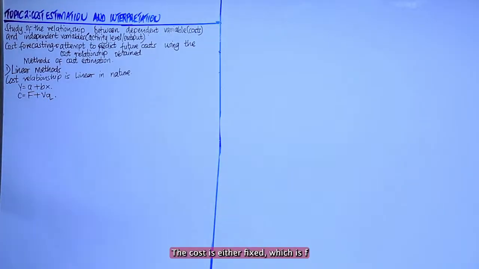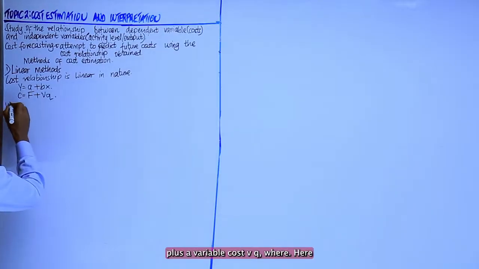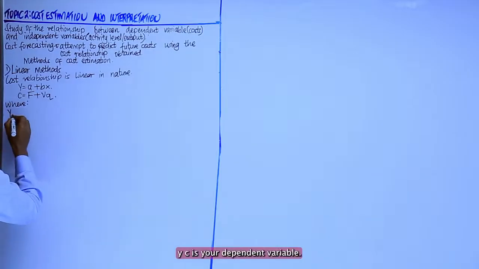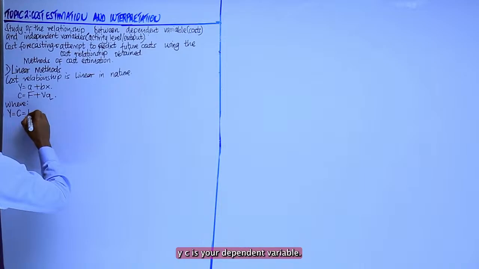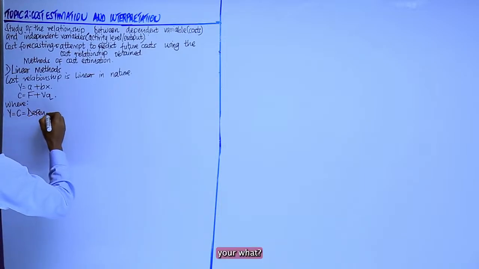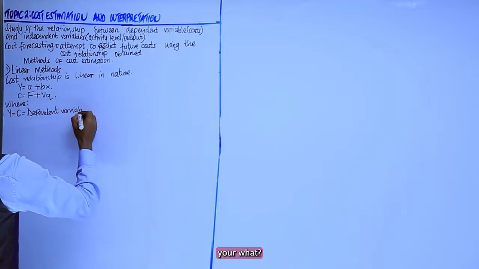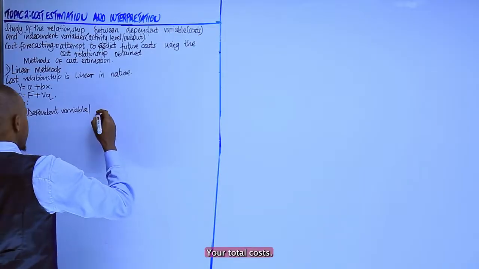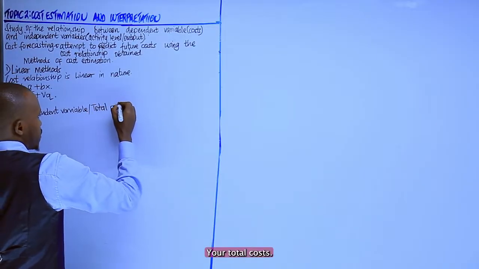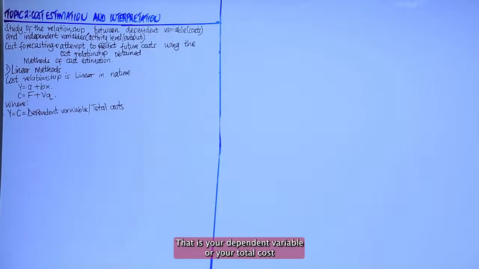Your cost is fixed, which is F, plus a variable cost VQ, where C is your dependent variable, your total cost.